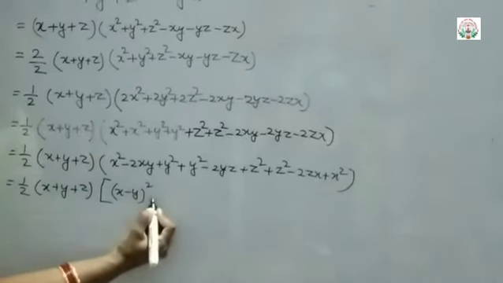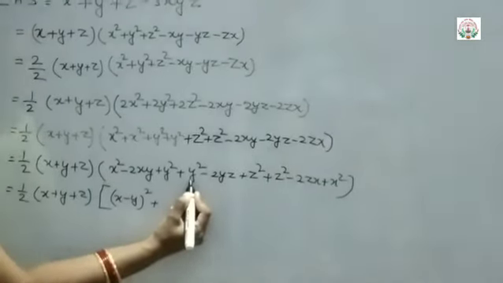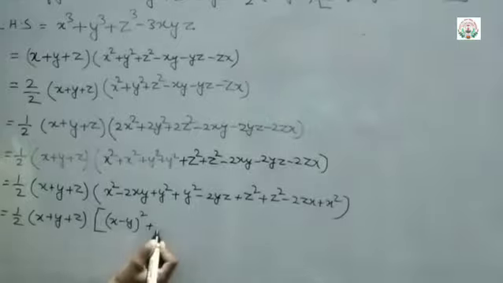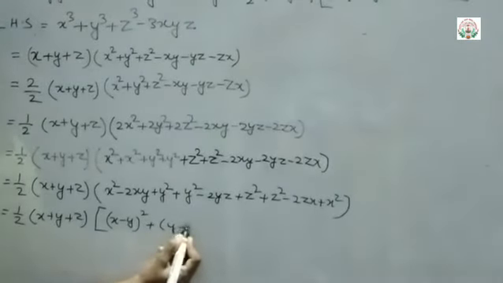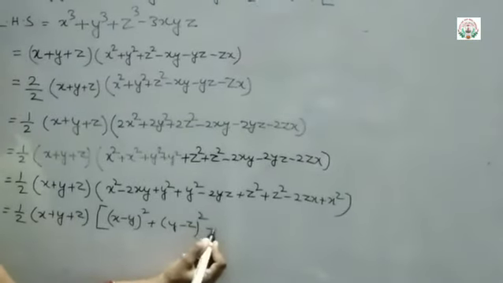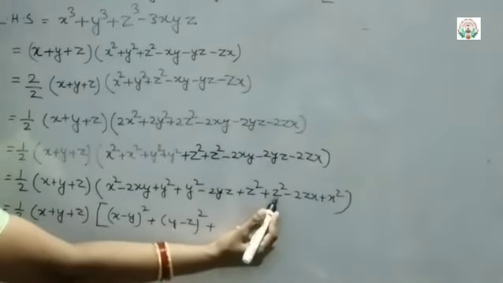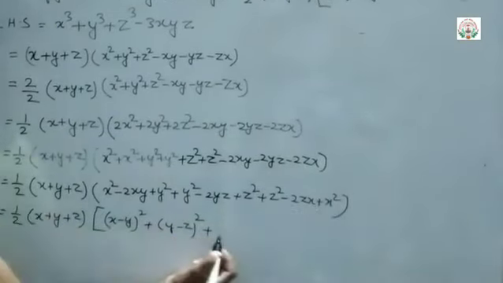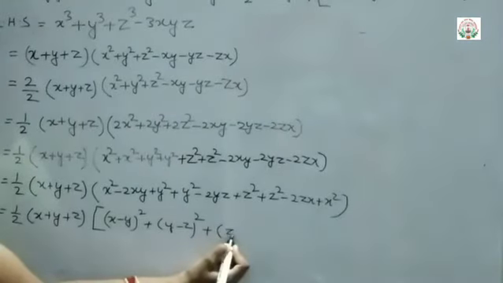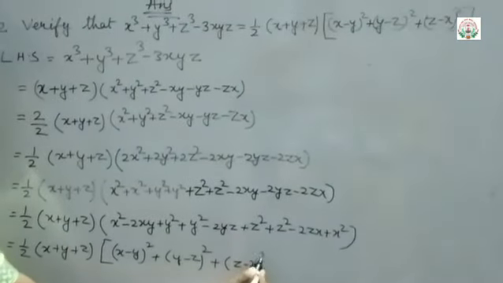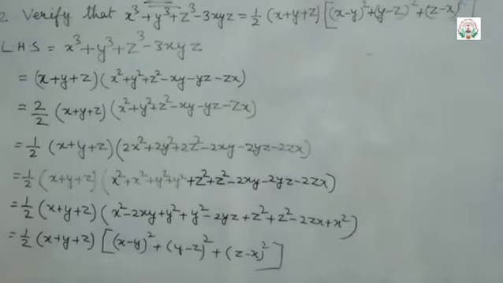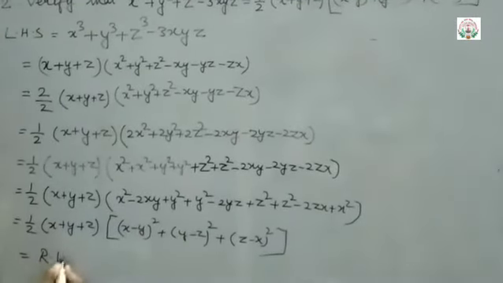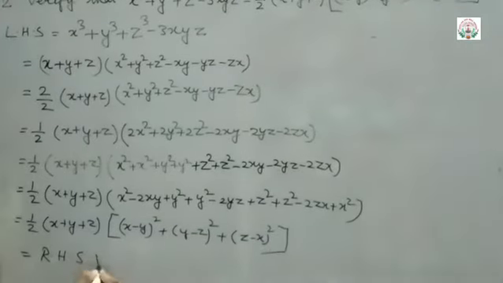So this plus this is again y square minus 2yz plus z square, which will be (y minus z) whole square, then z square minus 2zx plus x square will be (z minus x) whole square. Okay, proved, equals RHS. Verified.